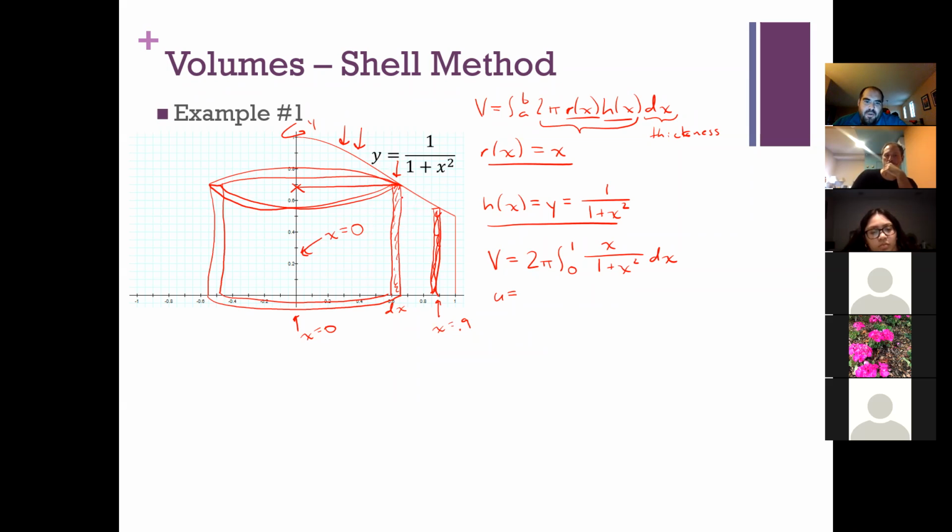So for this rectangle, the first one I drew, the taller one, the radius is going to be that X value. But for this other one I drew, I'm going to try to match the height there, and this radius is going to be longer because it has a greater X value. So really the radius value comes from how far my axis of rotation is from my function.